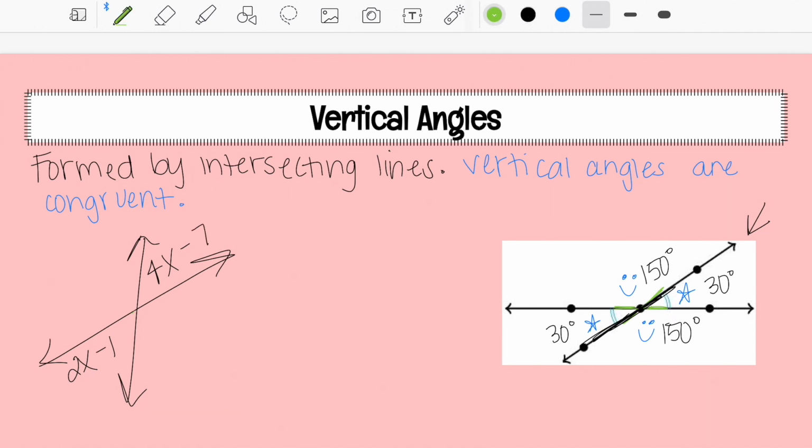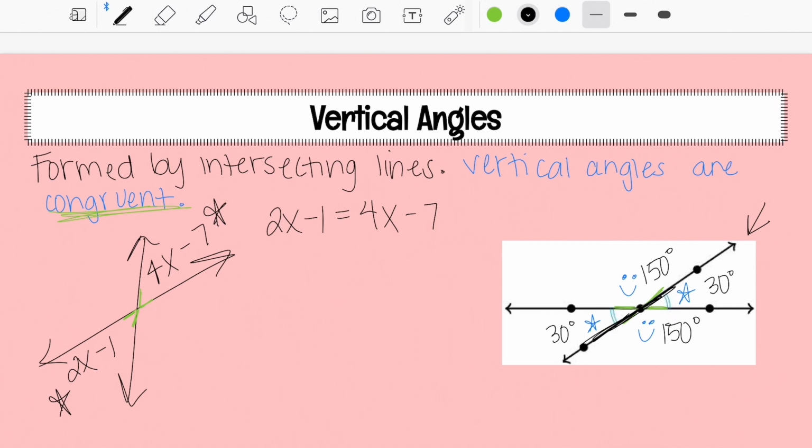Because these two expressions are formed by these vertical lines and vertical angles, I know that they have to be congruent, which means their angle measure has to be exactly the same. So what I can do is I can say, all right, well, let's say this is star and this is another star. They have to be the same. So 2x minus 1 has to equal 4x minus 7.